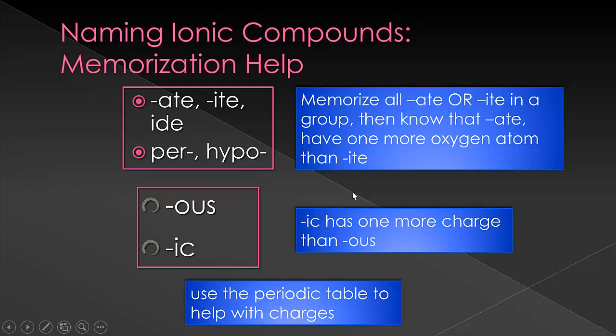As well as when we're talking about ions, such as iron, that have an old naming system, with ferrous and ferric, OUS and IC. The IC is the one with the higher charge. So those are some memorization tips for you. Still a lot of memorization, still going to take some time, but it should help you out.